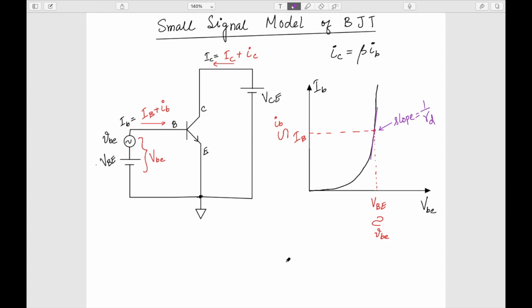We know that RD is equal to VT by IB. We derived this expression when we discussed the PN junction diode.